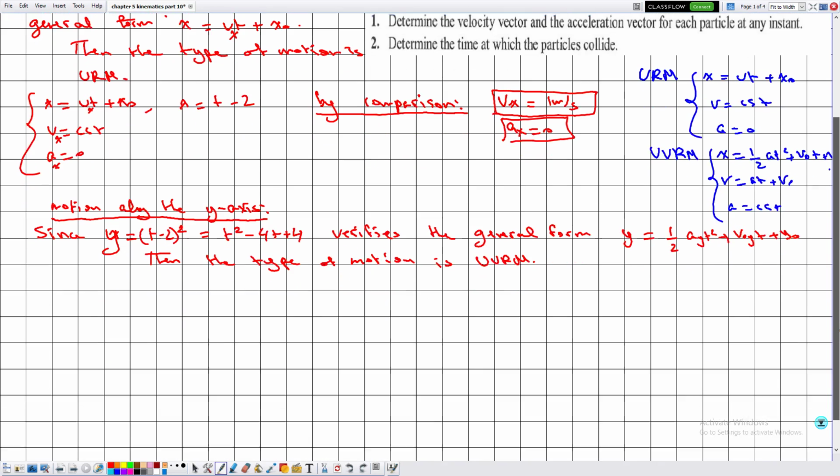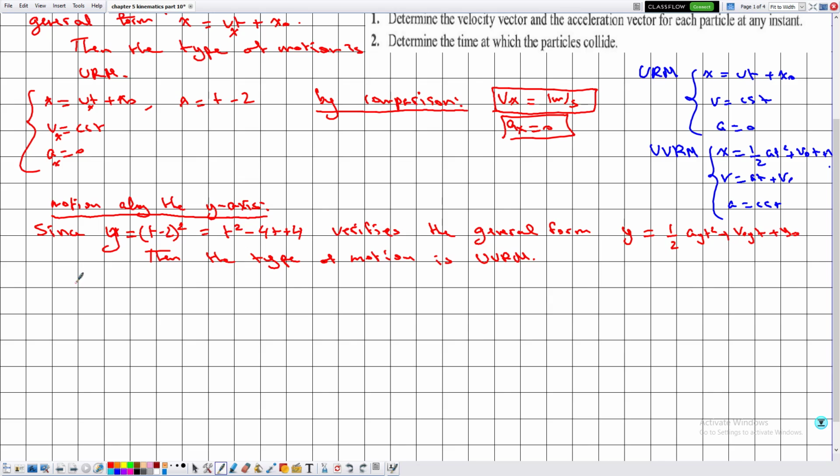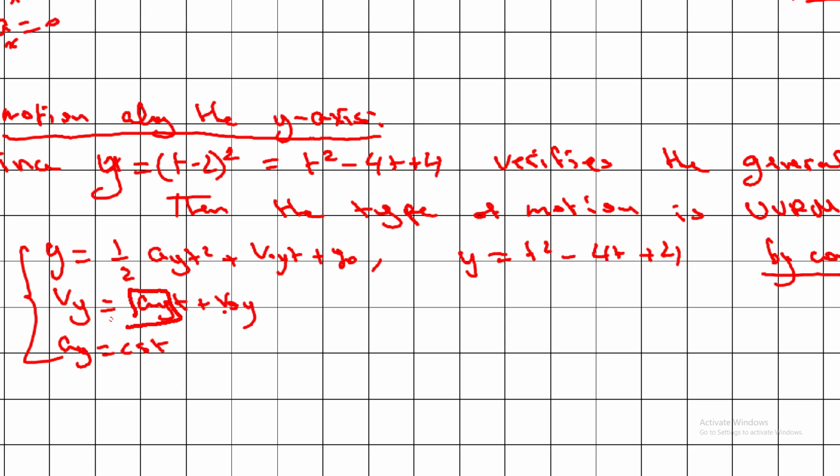In this case, we can use directly the following equations: y equal to half ay t squared plus v0y t plus y0, the speed along the y-axis is ay t plus v0y, and ay is equal to a constant. The given equation is y equal to t squared minus 4t plus 4. By comparison, in order to determine vy, we need to determine ay and v0y.